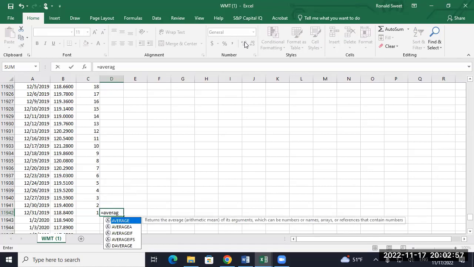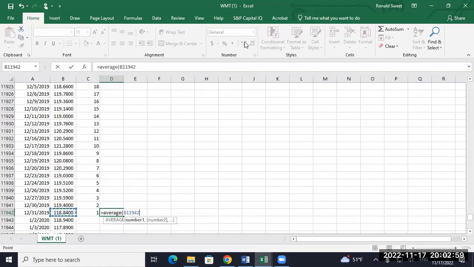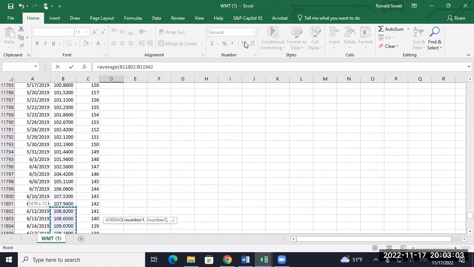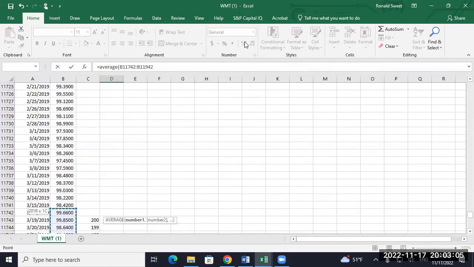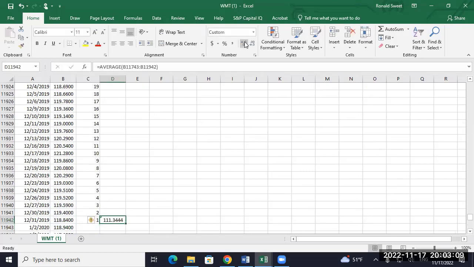All you do is just equal average of the stock price. And there's your 200-day moving average.